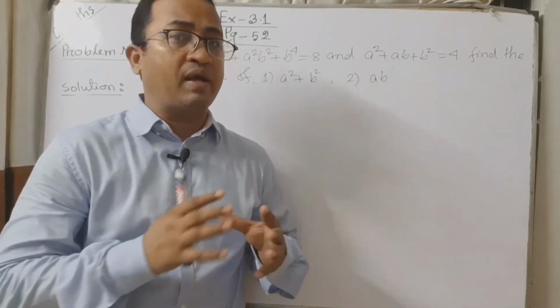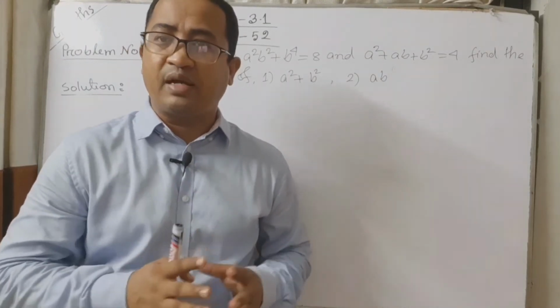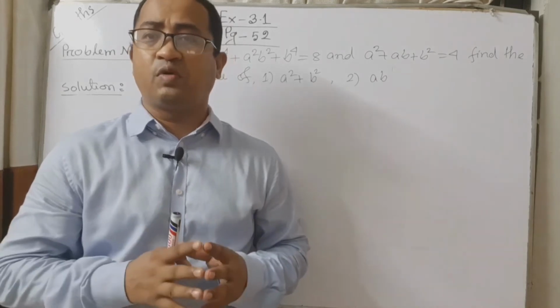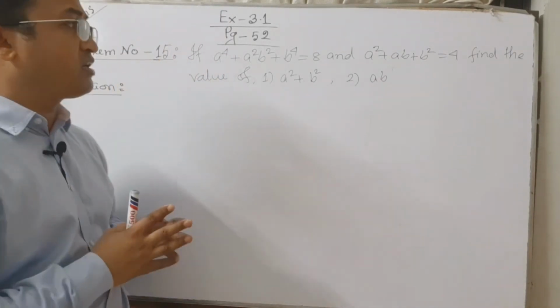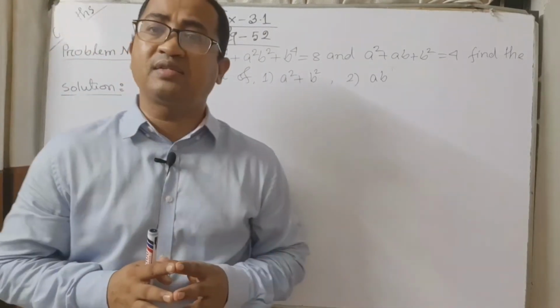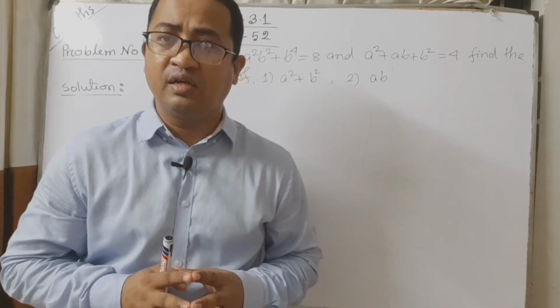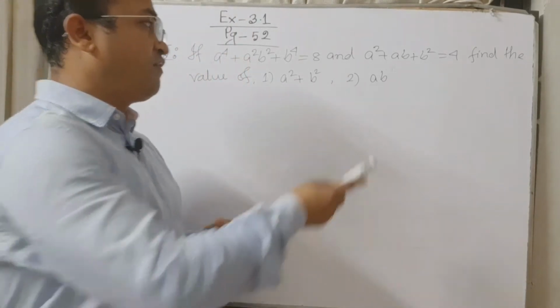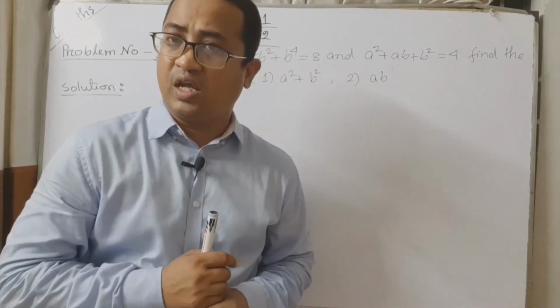You think I will apply the corollary of a square plus b square, that is a plus b whole square minus 2ab or a minus b whole square plus 2ab. But there is a matter that there is no value of a plus b, so we cannot apply the corollary over there. Similarly, we cannot find the value of ab by applying the corollary formula of ab.